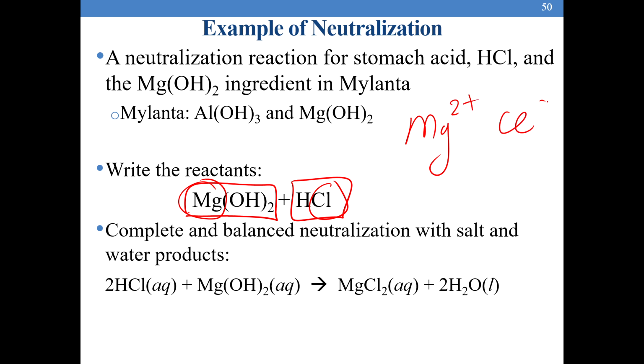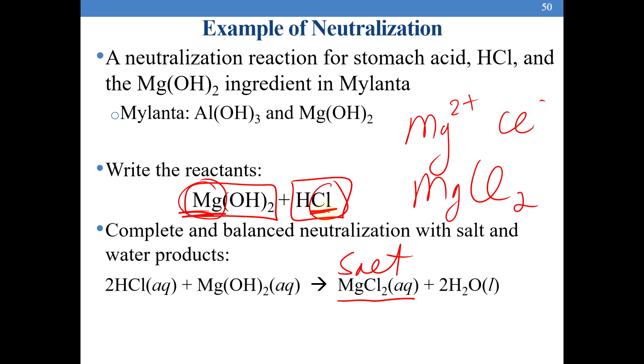Don't make MgCl. They make MgCl2 following the appropriate ion formulas, which is why the product, this salt, is MgCl2, okay? So like I said, the common mistake is to put these guys together and just write MgCl and not balance it correctly with the appropriate formation of the salt, okay? So make sure your neutralization reactions are balanced correctly.